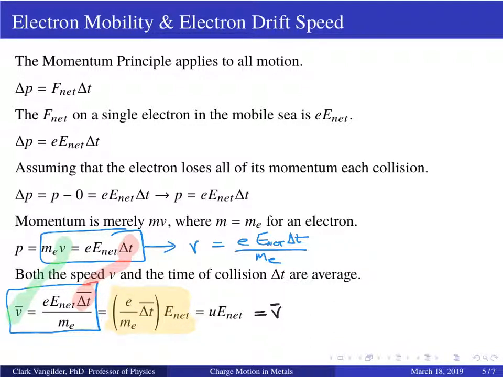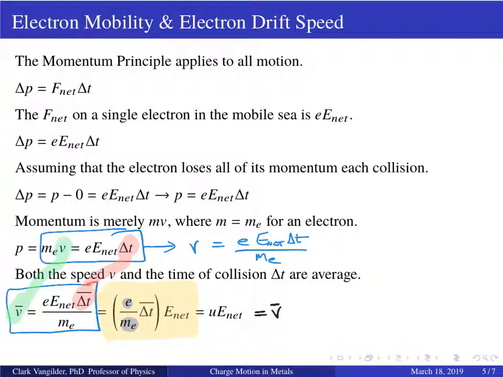So this right here is what that average speed can be described by, in terms of the particulars of what's getting a free electron moving. And ultimately, the thing, quote unquote, that gets a free electron moving is the electric field that's applied to the region of space that the free electron's in. The charge itself, little e, is just a fundamental unit of charge, that doesn't make an electron move.